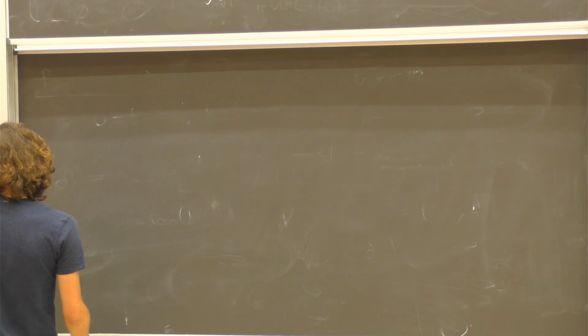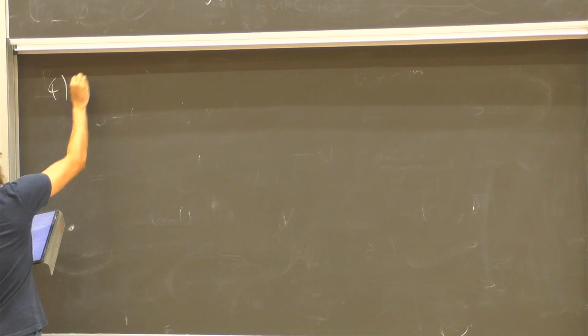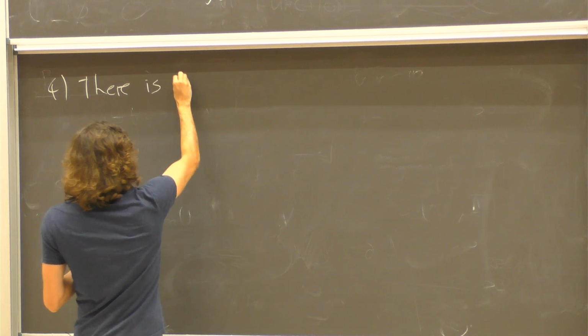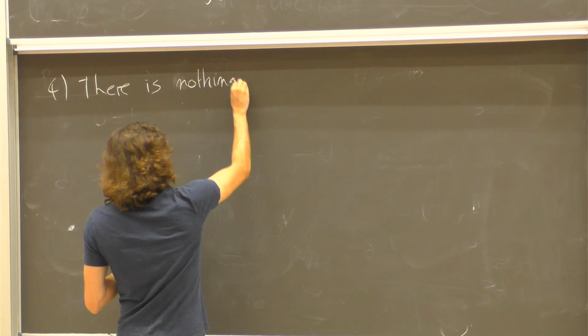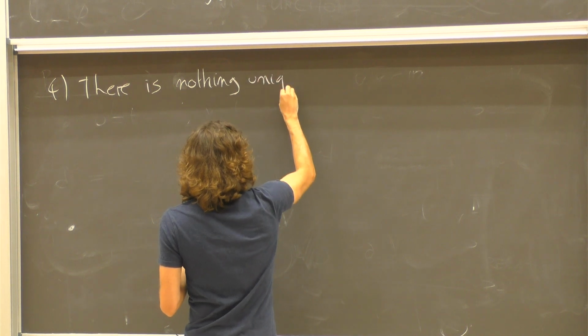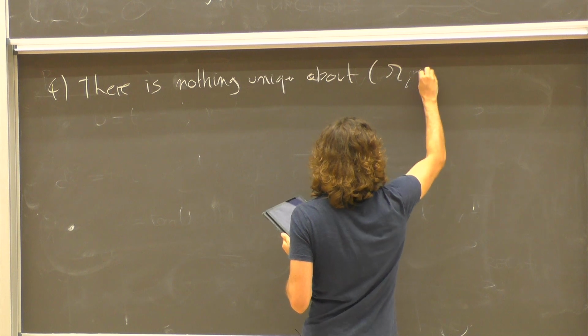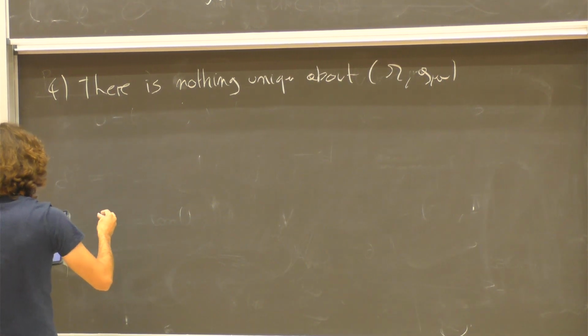Okay, yeah, so what's important is that it's really conformal, so there is nothing unique. I think this is good to keep in mind. There is nothing unique about the pair omega, g mu nu.